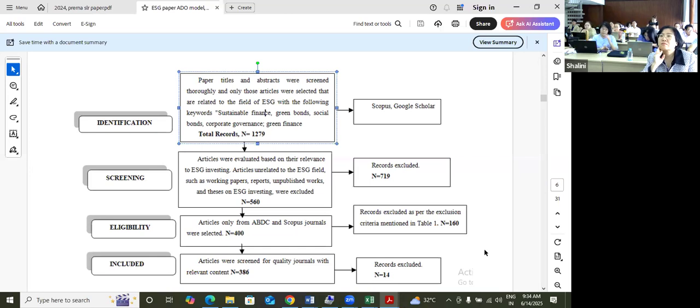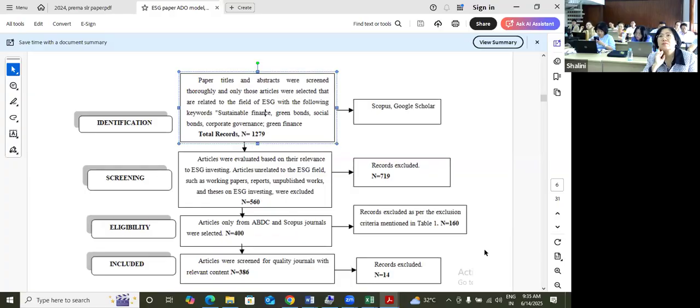These are the keywords that we have used. All the exclusion or inclusion criteria that we have used in the Scopus database, we can put here. In that case, we have excluded some of the records. Do you understand what I'm saying?